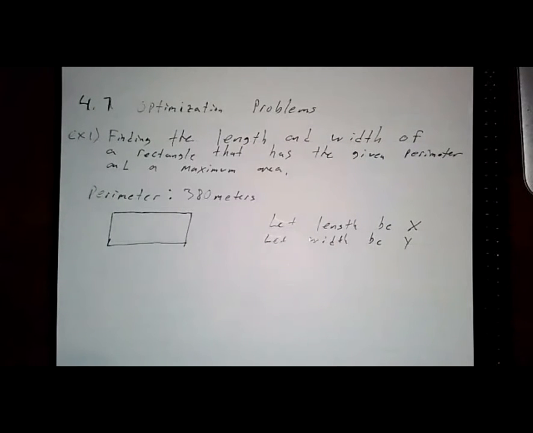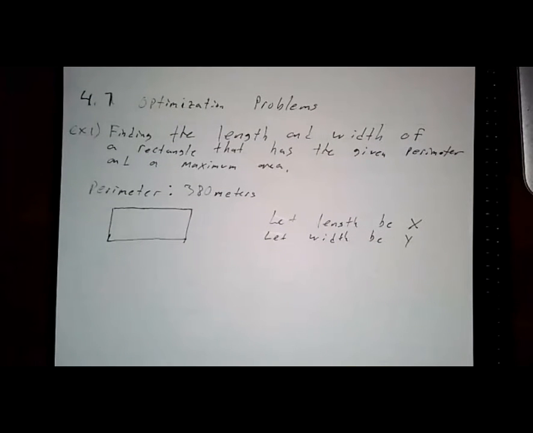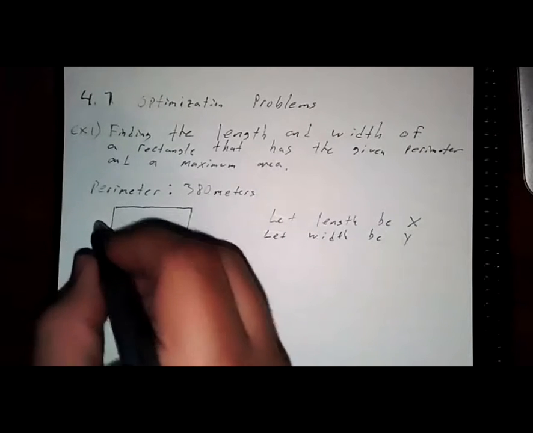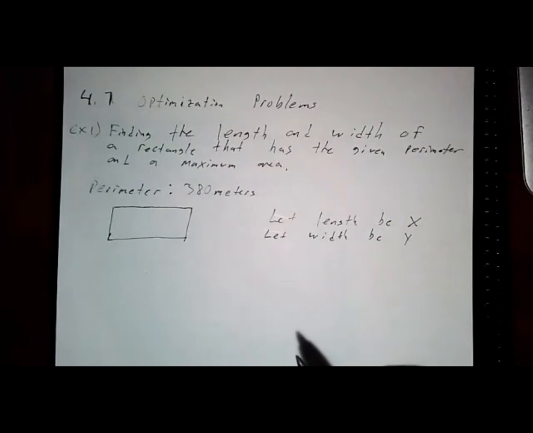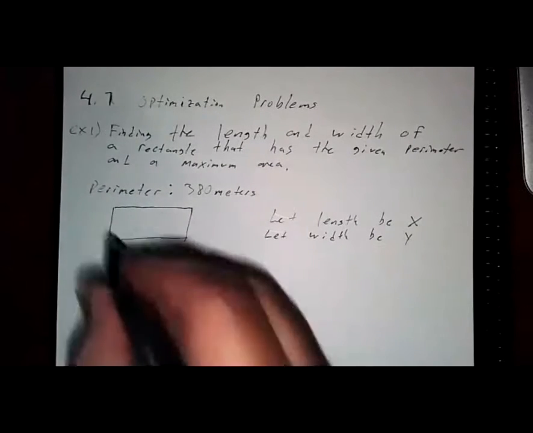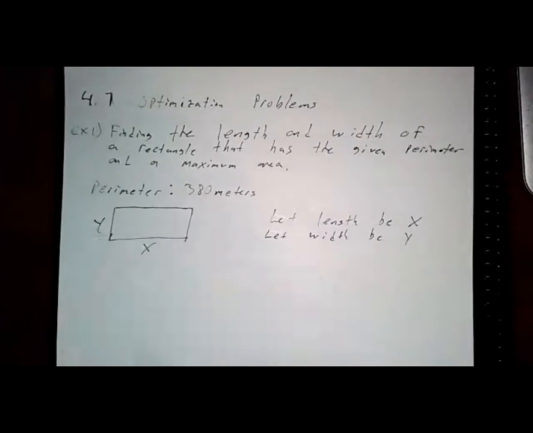So where should the x go? On the width? All right, so x is length. So where do I put it, here or there? The first one, that's on the bottom. Bottom, right? And then the y will be here, correct?